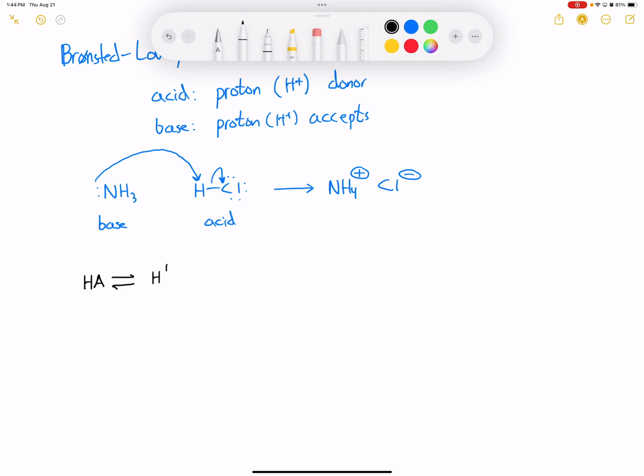So you have your generic acid, HA, and then in solution, it will dissociate or ionize partially to H plus and A minus. So we know H plus is the acid form, right? What's A minus? So here's my acid. When it separates into A minus, what do we call that? Do you remember? Yes, the conjugate base, okay?